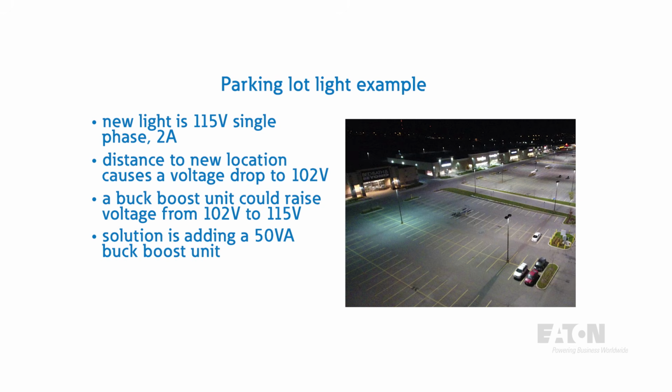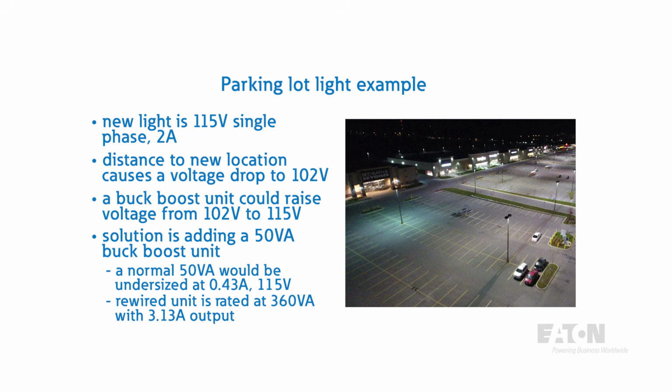Typically, 50 VA would be undersized for this load, as a single-phase 50 VA transformer would only be rated for 0.43 amps at 115 volts. However, when wired up as a buck-boost transformer, only making a minor voltage adjustment from 102 to 115 volts, this 50 VA transformer is now rated for 360 VA with a 3.13 amp output.